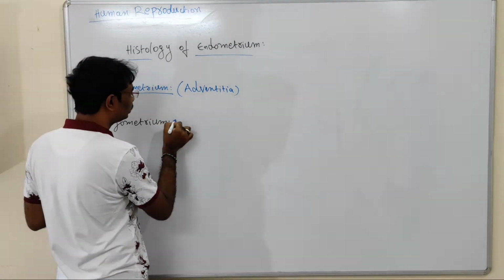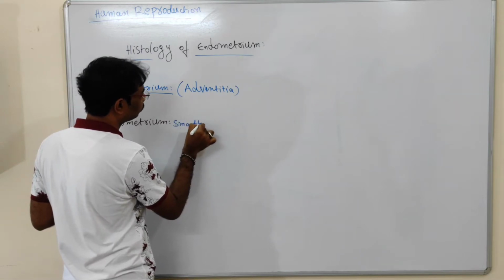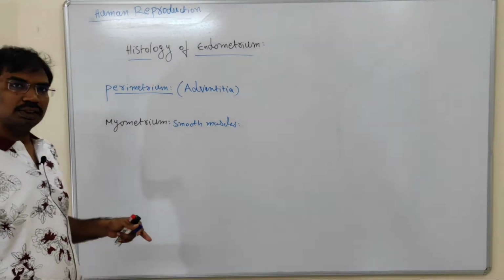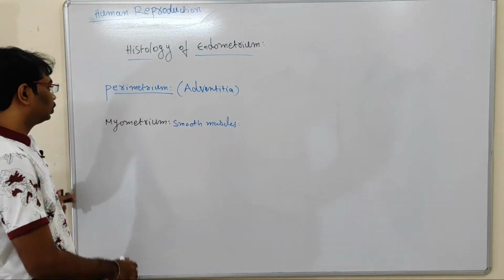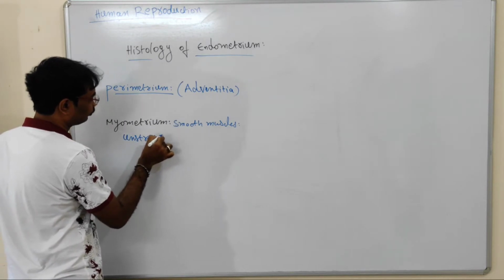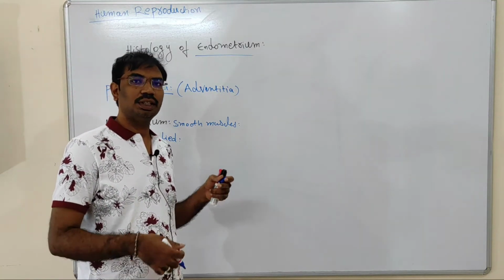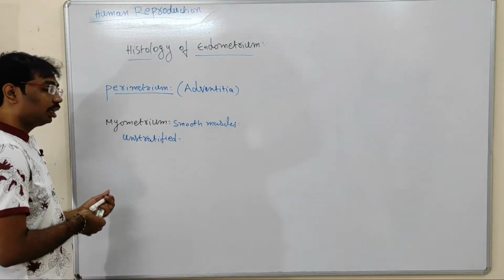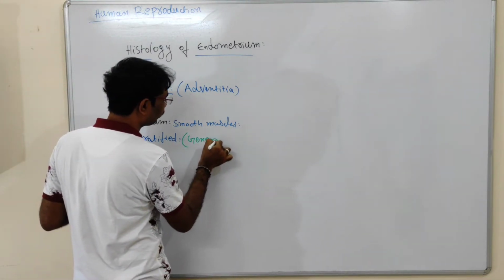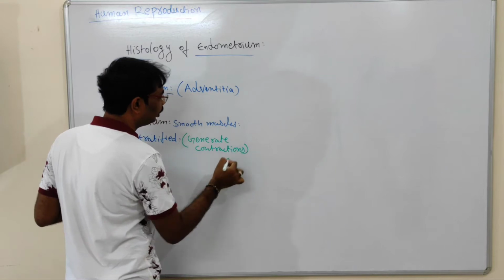The myometrium contains smooth muscles, that is, unstratified muscles. So the myometrium will generate contractions during baby delivery.